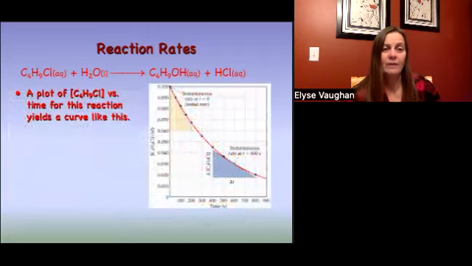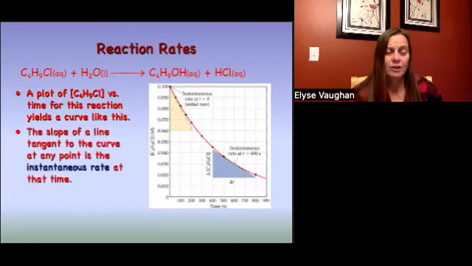The second type of rate that we can talk about is an instantaneous rate. If we were to plot the concentration of the butyl chloride over time, then we could draw a line tangent to that curve at any point, and that would give us the instantaneous rate at that time.